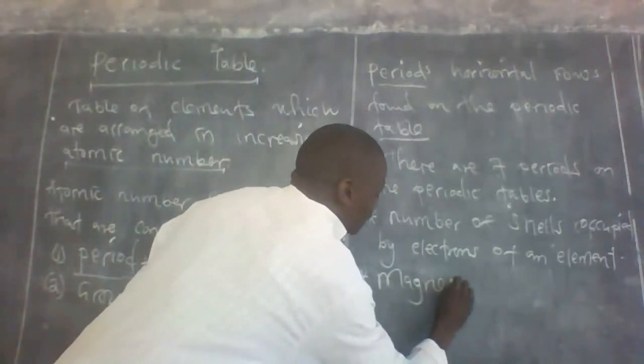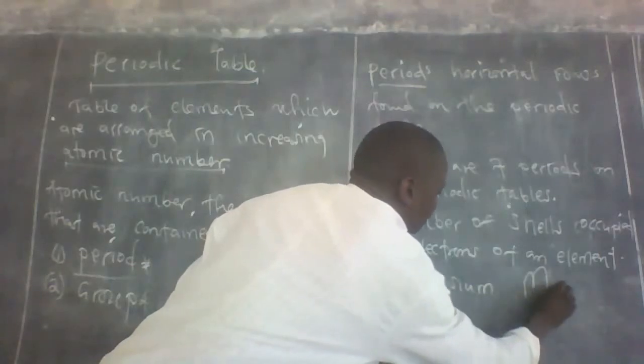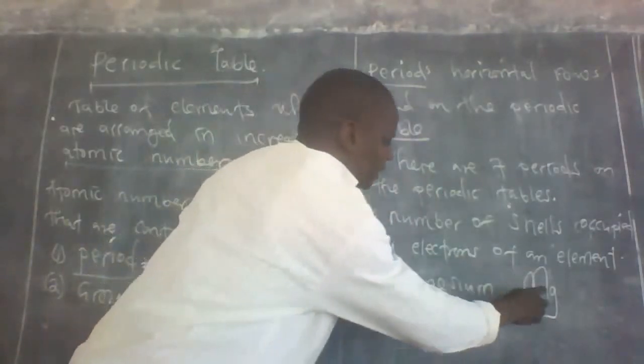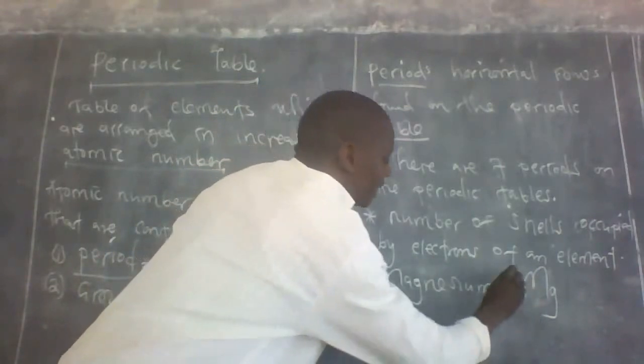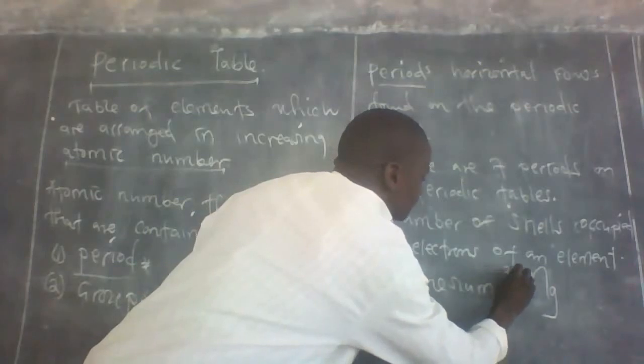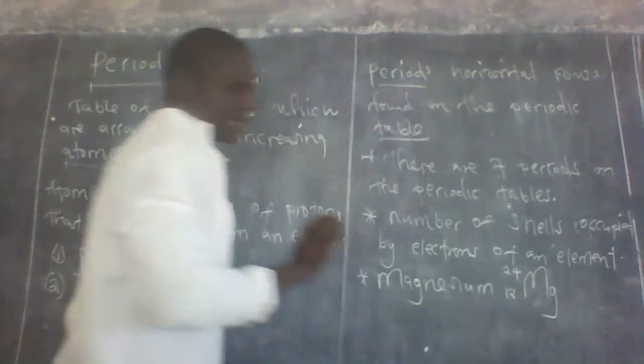On the periodic table, magnesium is written Mg, the symbol of an element, and then the mass number is 24, the atomic number is 12.